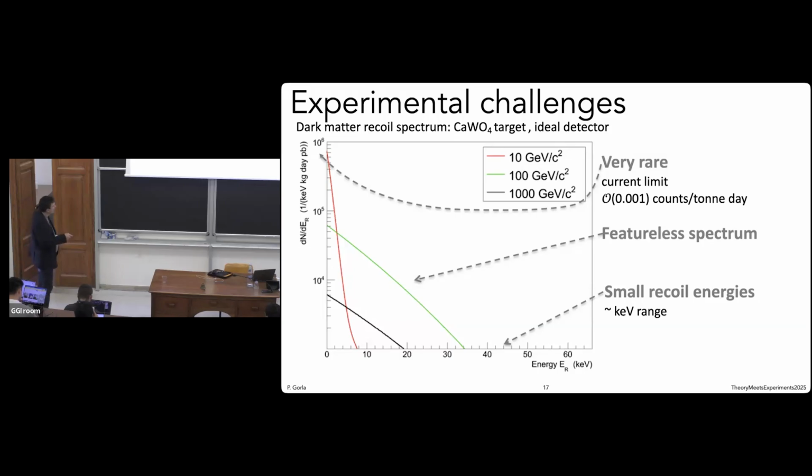So if the threshold of your detector is around 10 keV, sorry, this makes it almost impossible to access 10 GeV dark matter particles, and even lower. So the lower the mass, the steeper the spectrum, and the more difficult it is to access in terms of energy release.